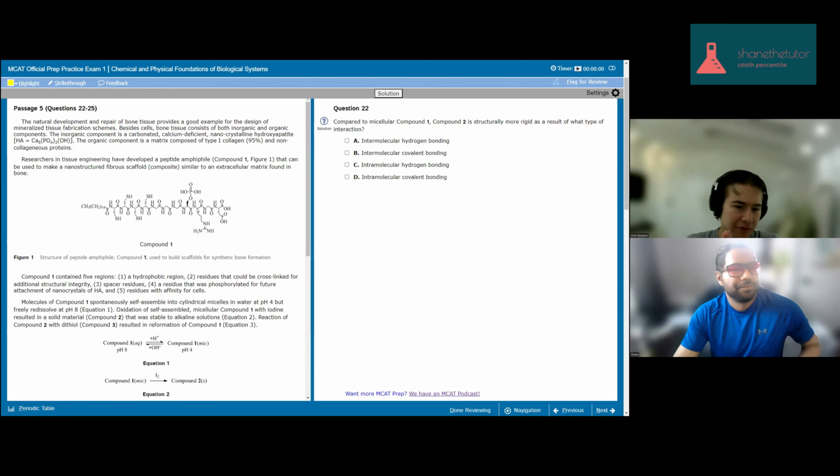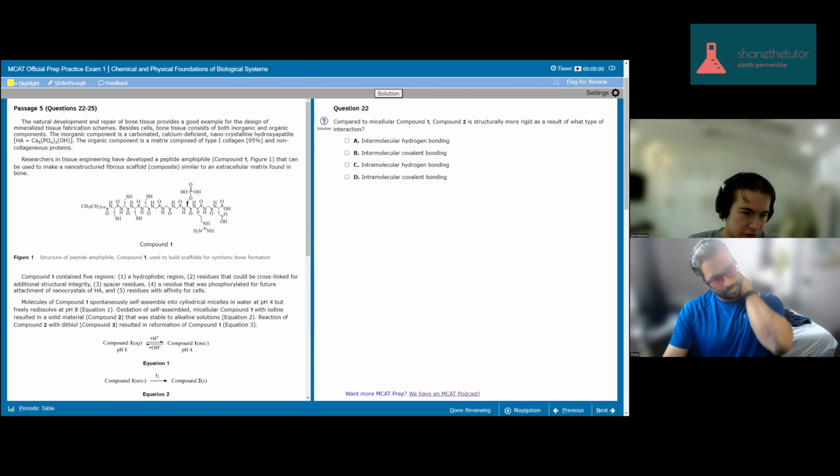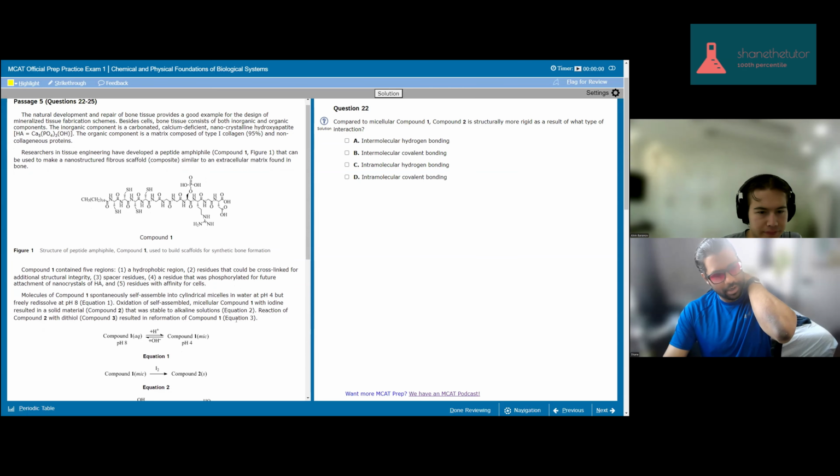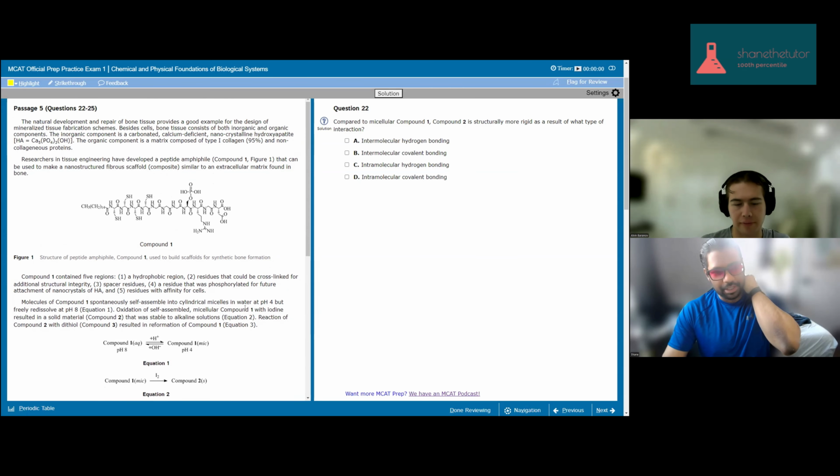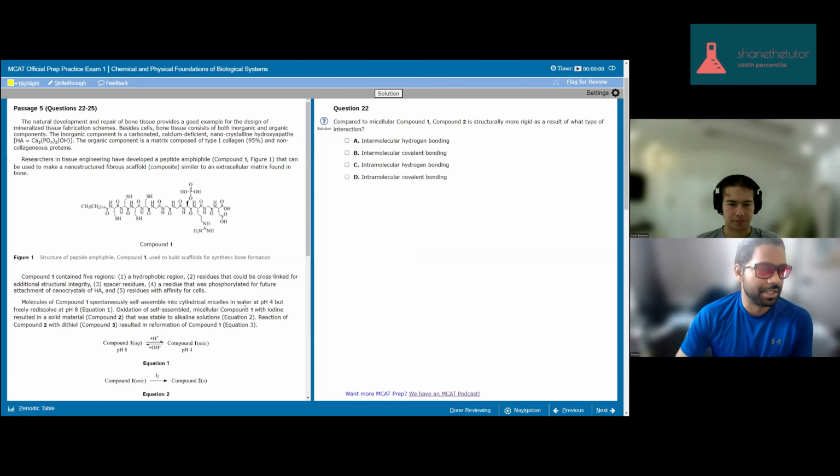Compound 1 contained 5 regions: a hydrophobic region, residues that could be cross-linked for additional structural integrity, spacer residues, a residue that was phosphorylated for future attachment of nanocrystals, and residues with affinity for cells. So they actually tell us what we just talked about.